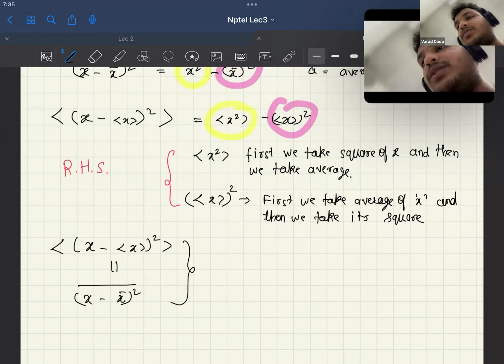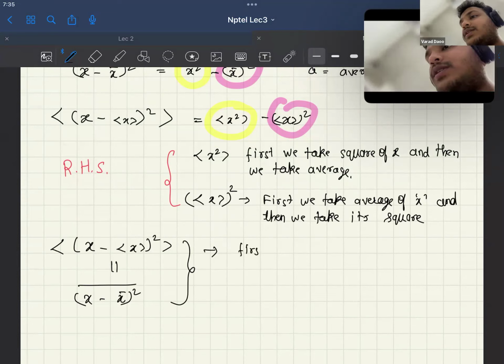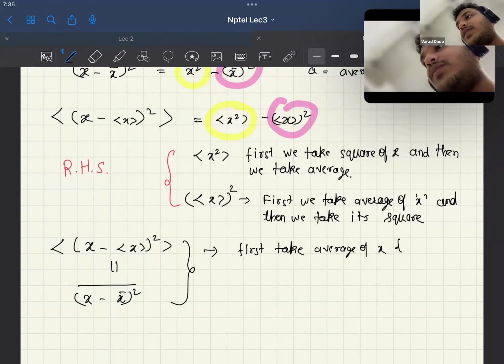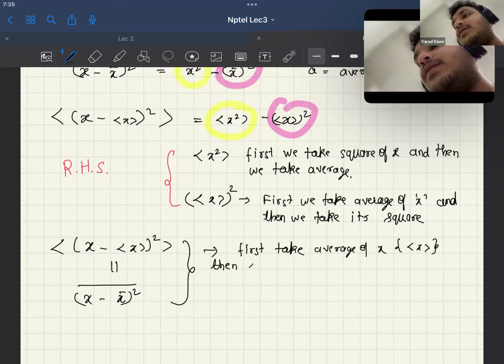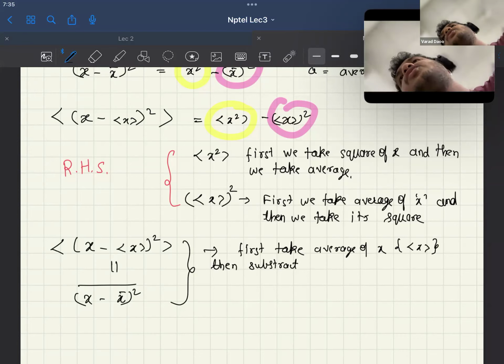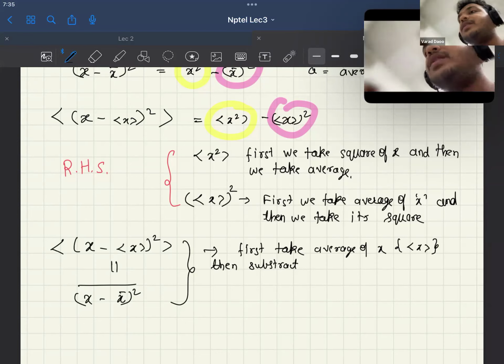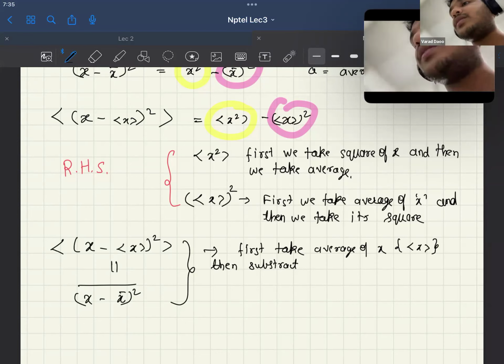What does this mean? First take the average of x. Then subtract this average of x from the x value, that is, the original value.